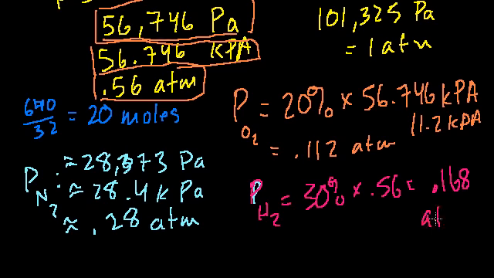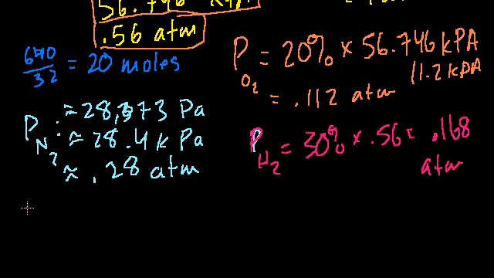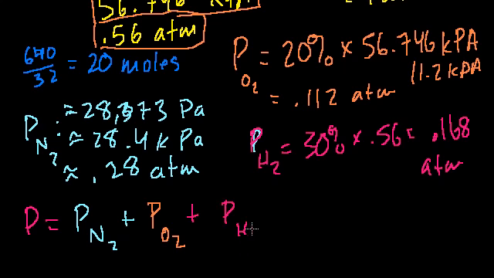Which is 0.168 atmospheres. And so the total pressure should be equal to the sum of the partial pressures of each of the gases: the nitrogen, plus the partial pressure of oxygen, plus the partial pressure of hydrogen. This one we figured out was 0.28 atmospheres. The oxygen was 0.112 atmospheres, and this was 0.168.